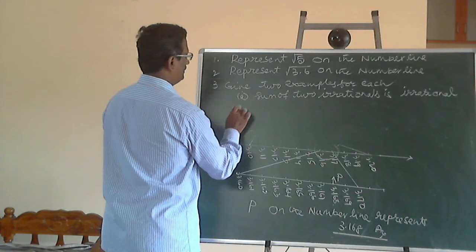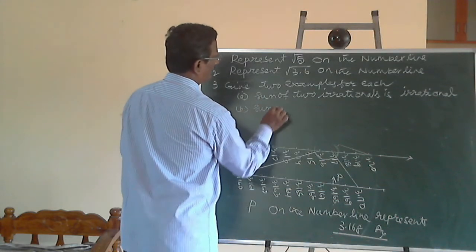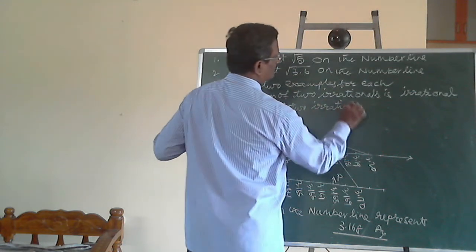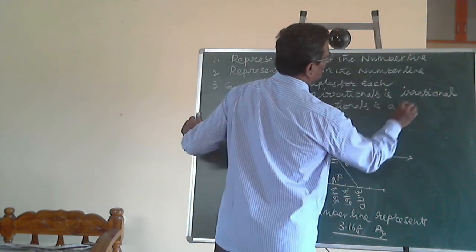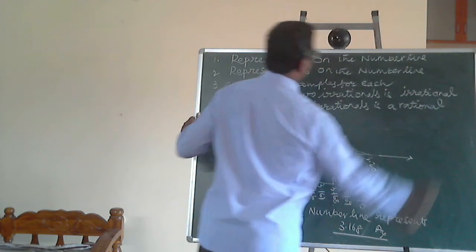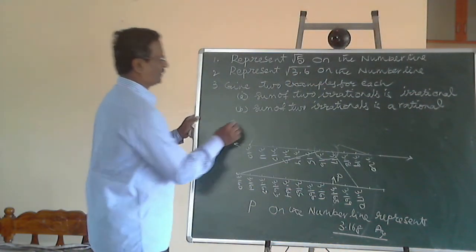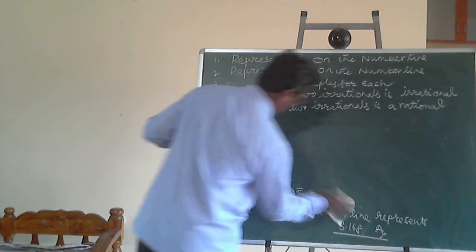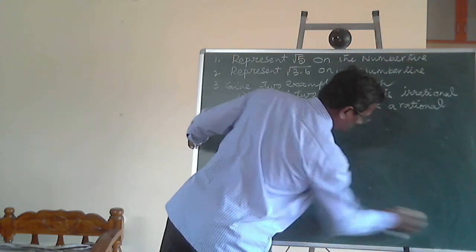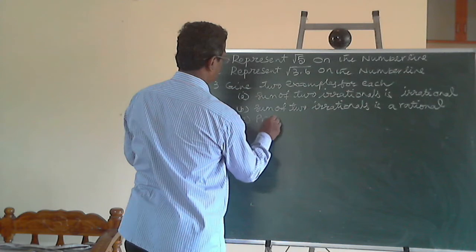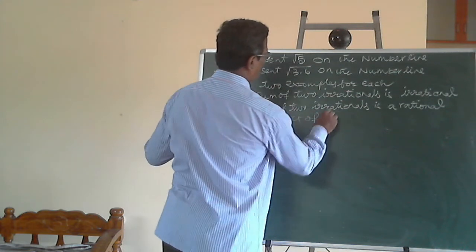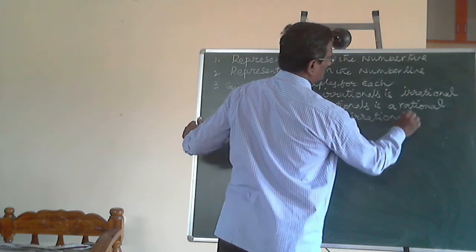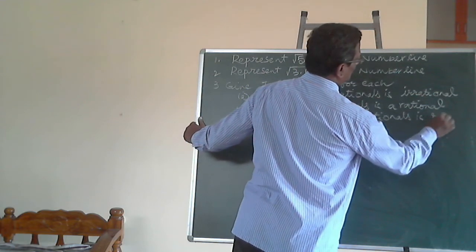See, this is A, this is B. Sum of 2 irrationals is a rational. 2 examples for A, 2 examples for B. Next, C. Product of two irrationals is rational.